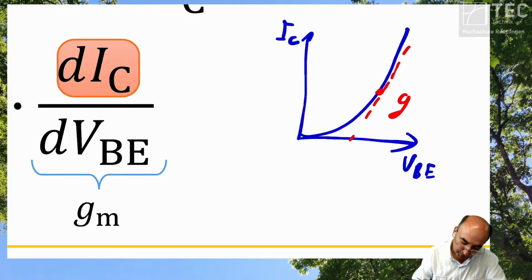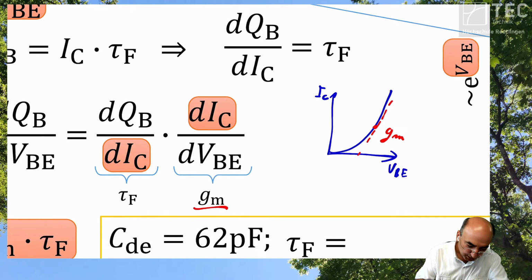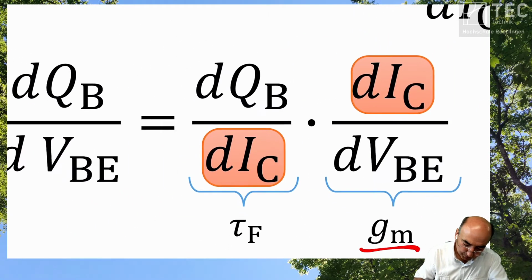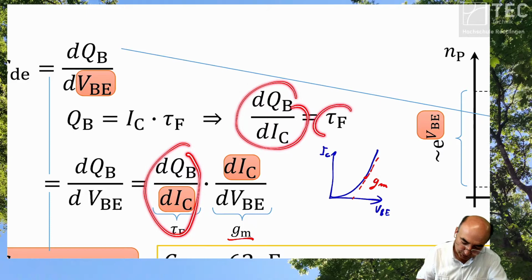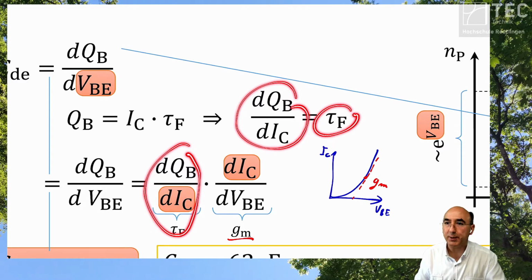And the slope's name is GM. Here we are. And for this part, you see the transition time.